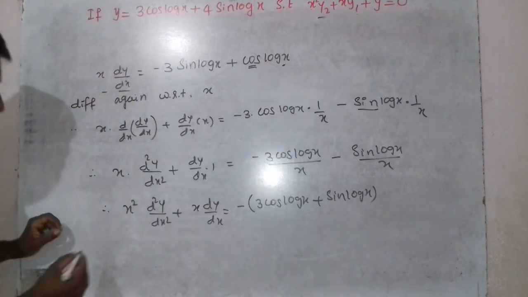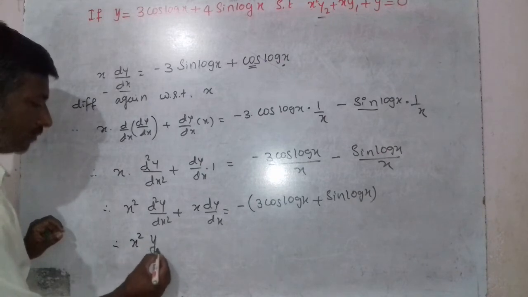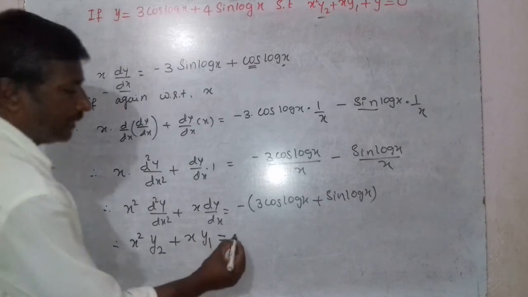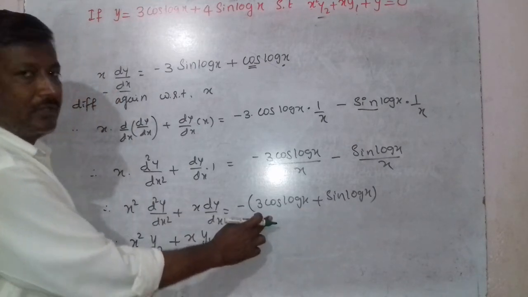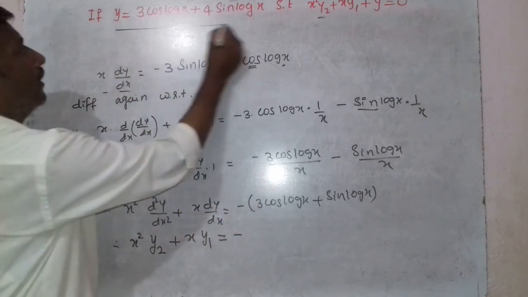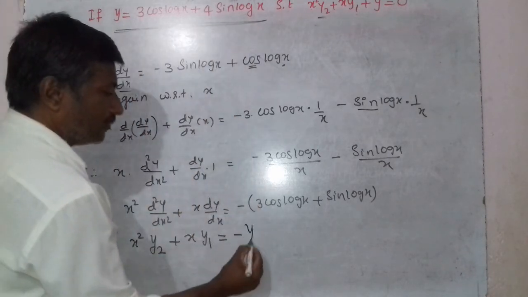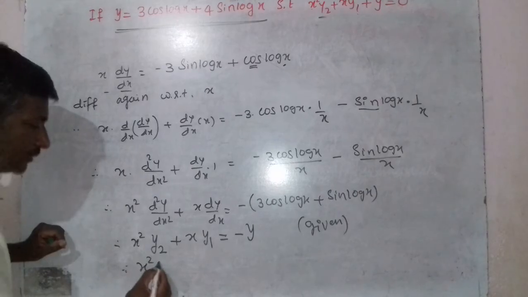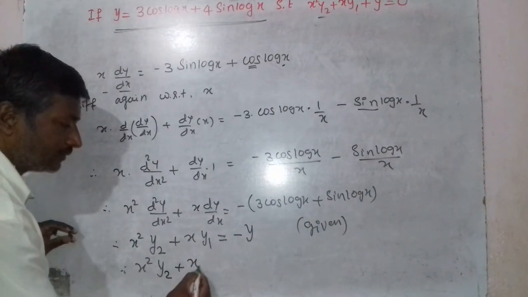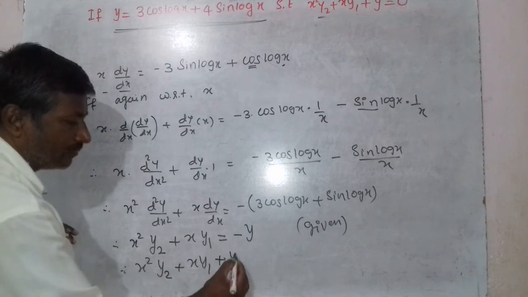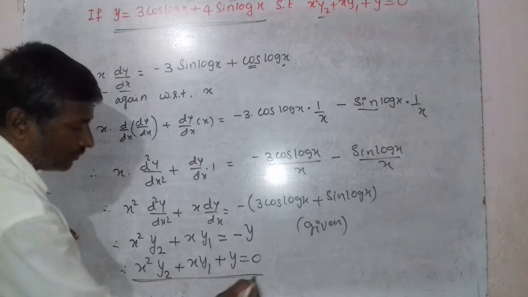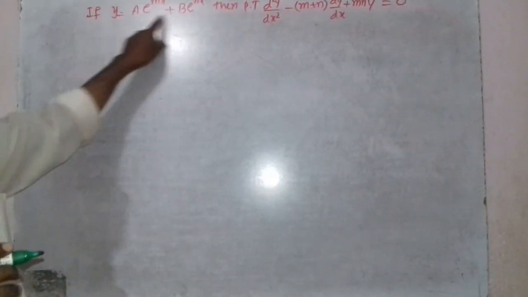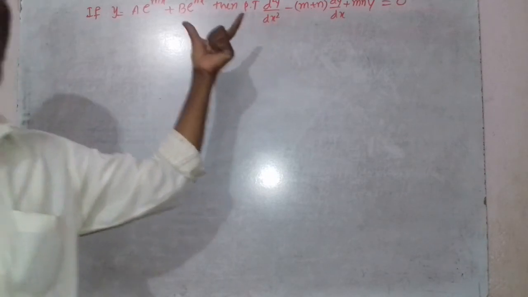Therefore x square y2 plus x y1 equal to minus of, so this expression is the given expression y. So therefore this equal to minus y given. Therefore x square y2 plus x y1, bring this to LHS, plus y equal to 0. So our requirement is this one. So next type problem, this entire is the second derivative.